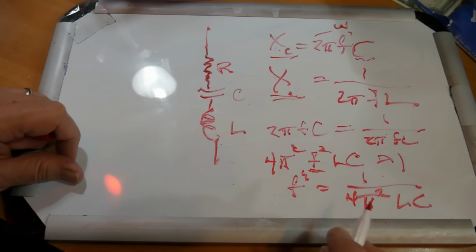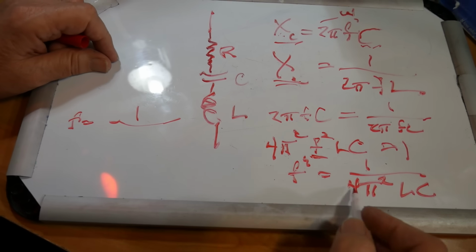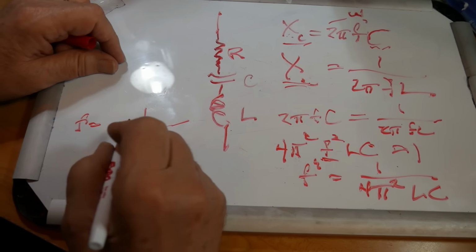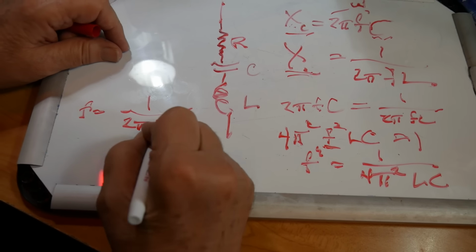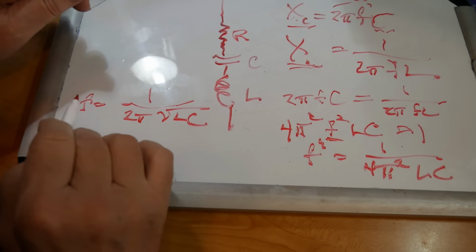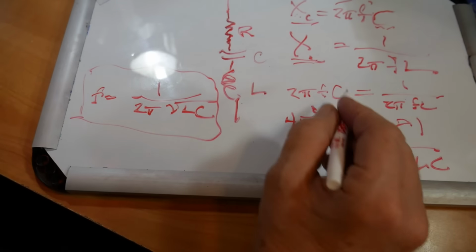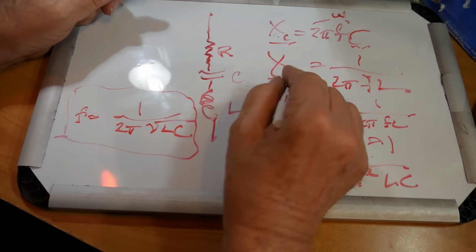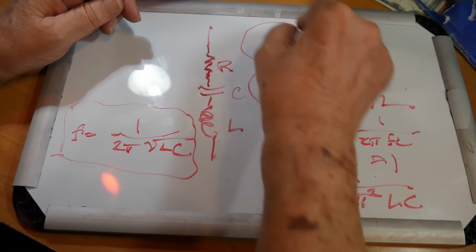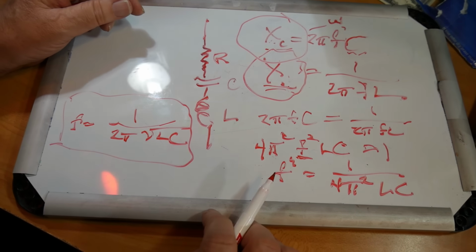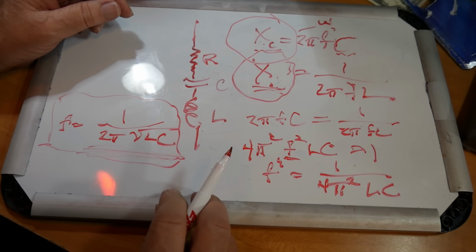Or, we'll just take the square root of that. f equals 1 over, let's see, the square root of 4 is 2, the square root of pi squared is pi, and then we have the square root of LC. Okay, so this is our basic formula for resonance. Remember, the condition for resonance is when the reactance of the capacitor equals the reactance of the inductor. And that's the frequency at which it happens.